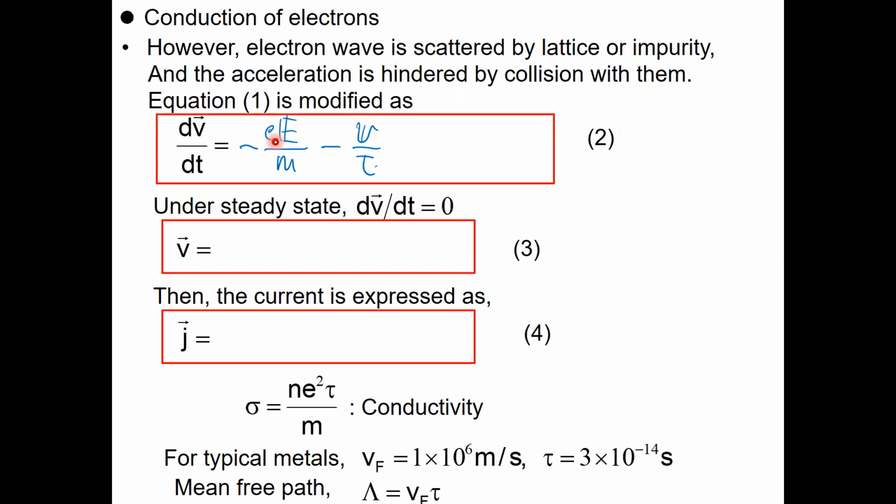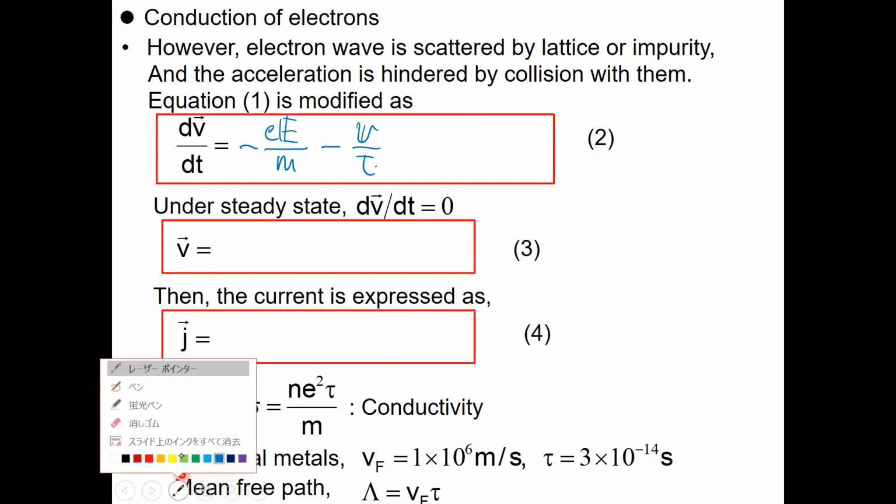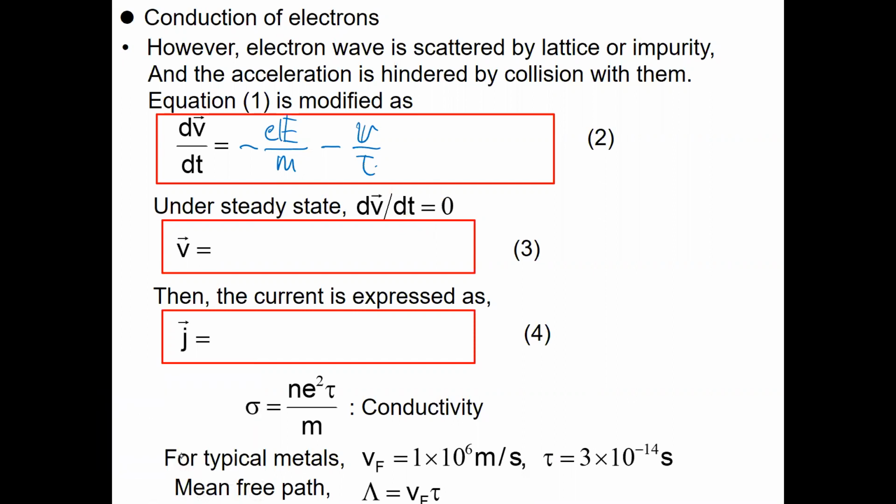And under the steady state, meaning that for a long-term period, the velocity change in time is assumed to be 0. In this case, the steady state velocity of the electron can be described like minus e tau E over m.